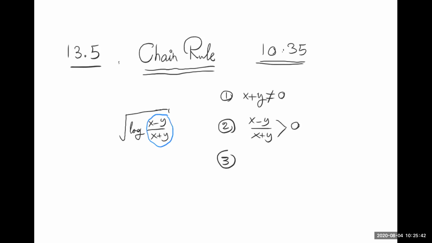And the third thing is that the whole log is under a radical, so log of x minus y over x plus y should be non-negative. We should solve these inequalities and then take the intersection of the answers. Which one is confusing, or which one do you have a question about?